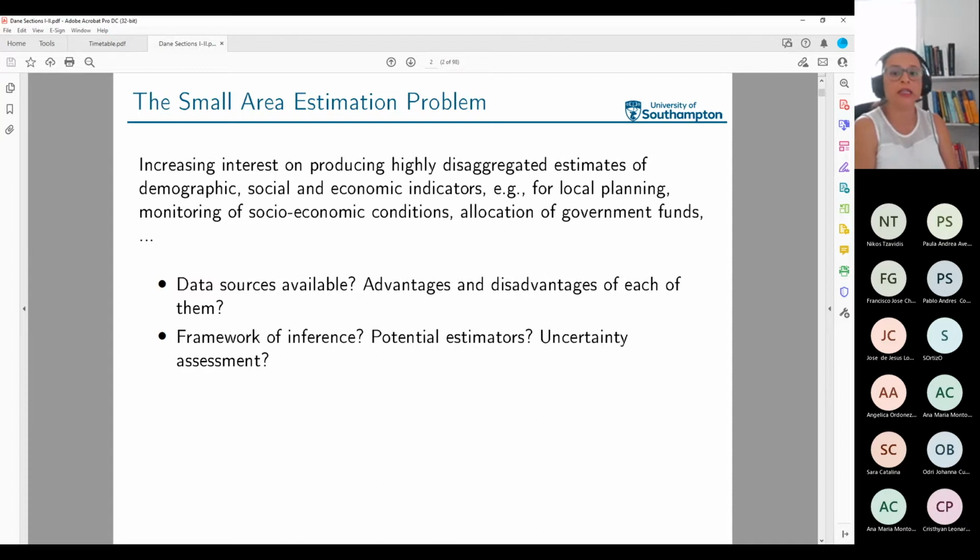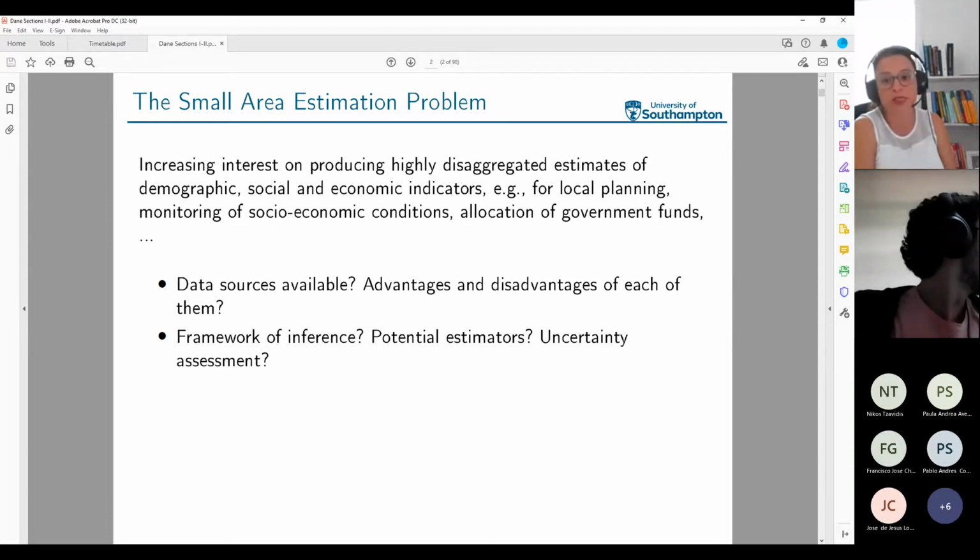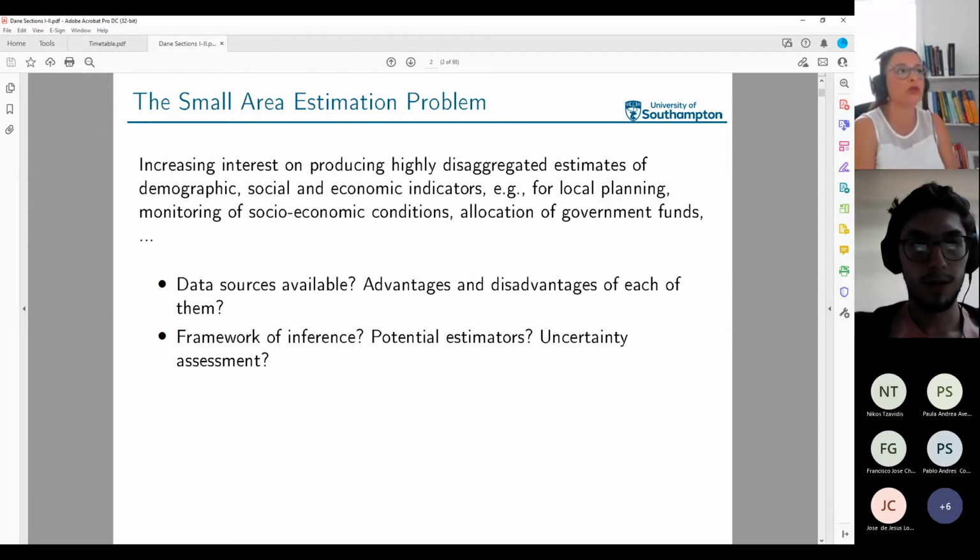And unfortunately, providing local information is generally very expensive and difficult to do. So we're going to start now by discussing what are the tools that we have to produce this type of local information that would help us with local planning.